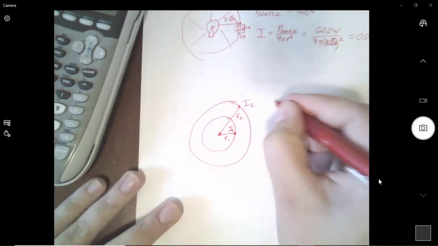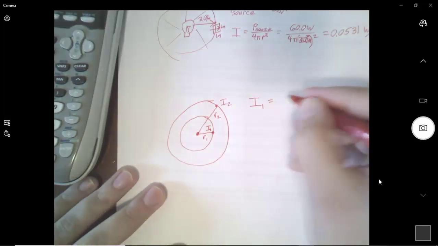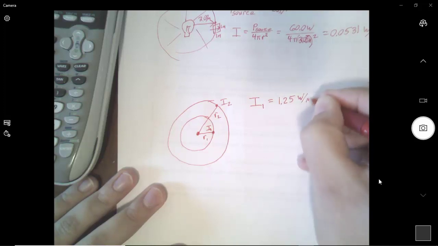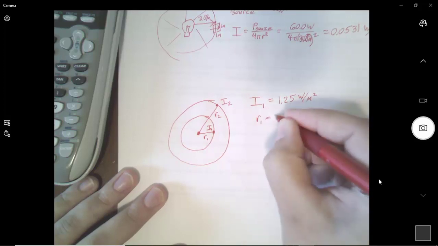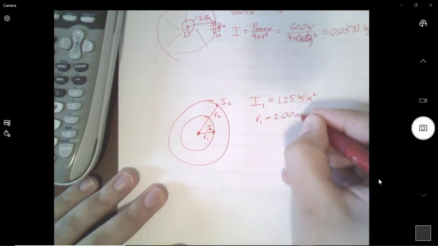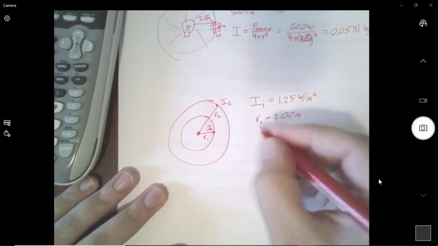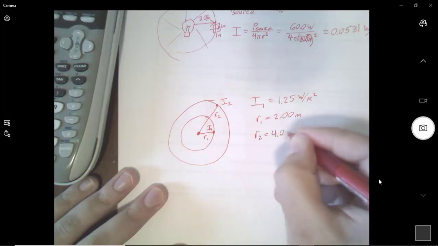So let's say we have intensity 1 equals, I don't know, 1.25 watts per meter squared, and this distance R1 is 2.00 meters, and we are at a distance twice as far out. So R2 is equal to 4.00 meters.